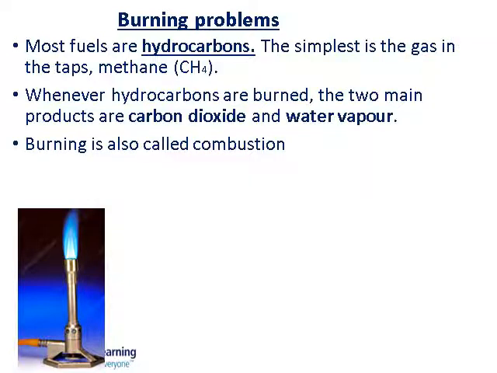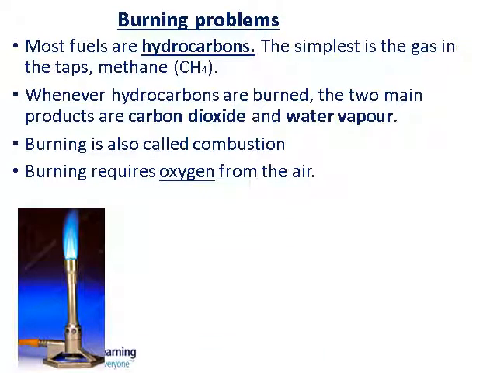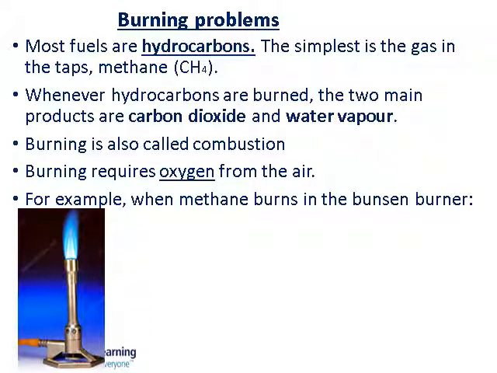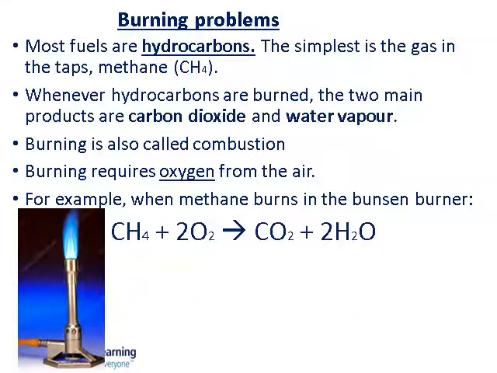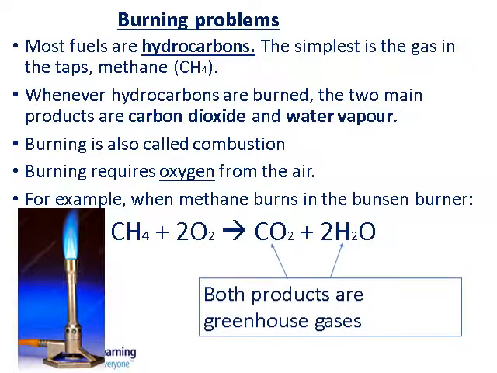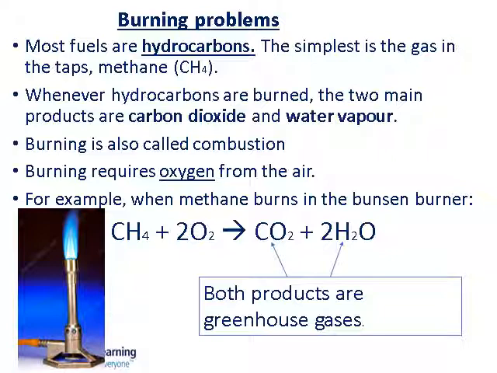Another word for burning is combustion, and it requires oxygen from the air. So when methane, CH4, burns in a Bunsen burner, it reacts with the oxygen in the air to produce carbon dioxide and water vapour. And like I said, both those products are greenhouse gases, so we can link that to what we've learned in the topic so far.